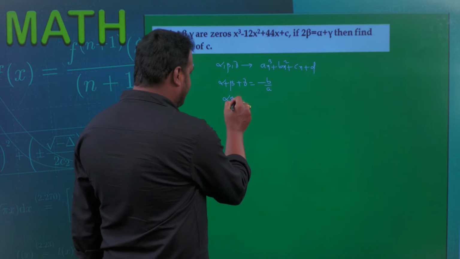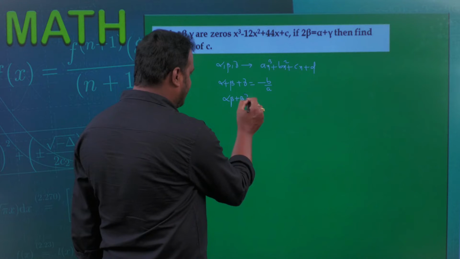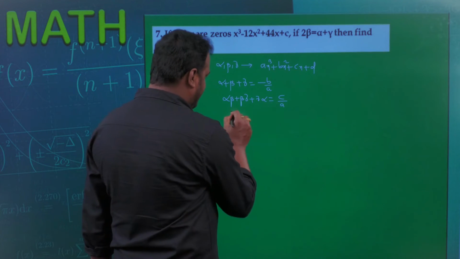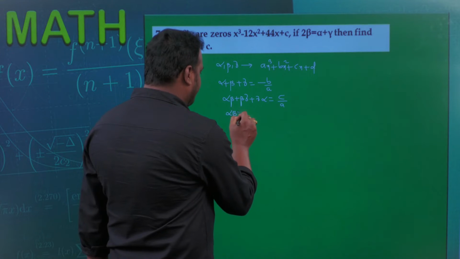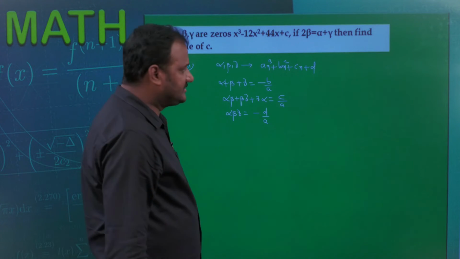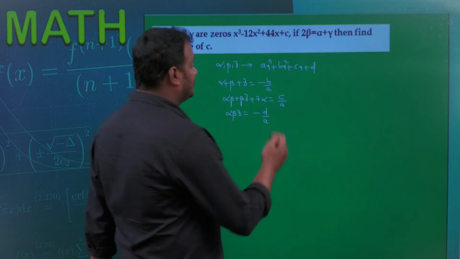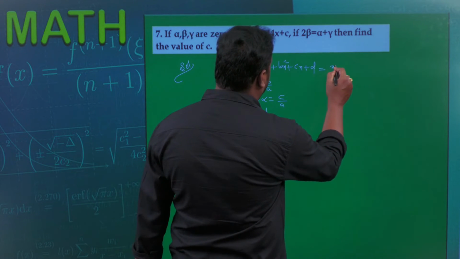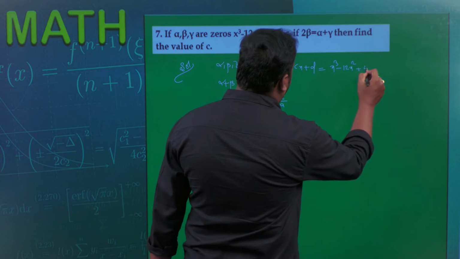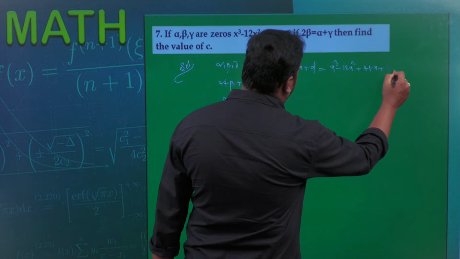Alpha beta plus beta gamma plus gamma alpha is equal to c by a. Alpha into beta into gamma is equal to minus d by a. Correct? But the given polynomial here is x cube minus 12x square plus 44x plus c.